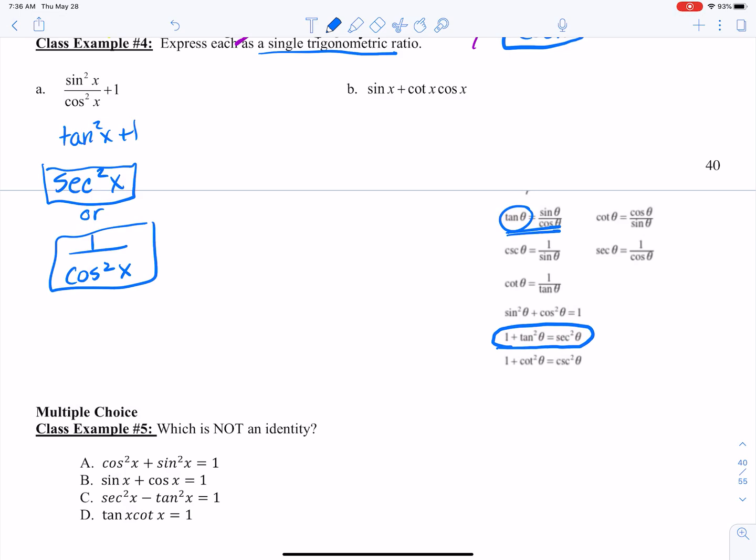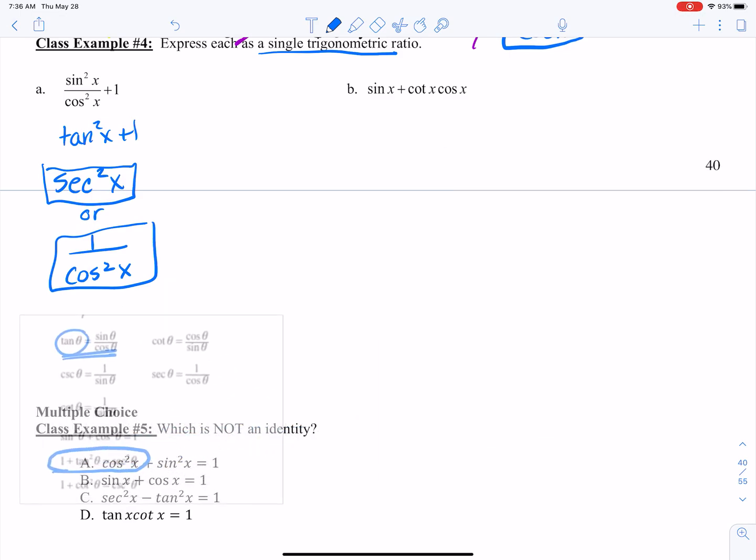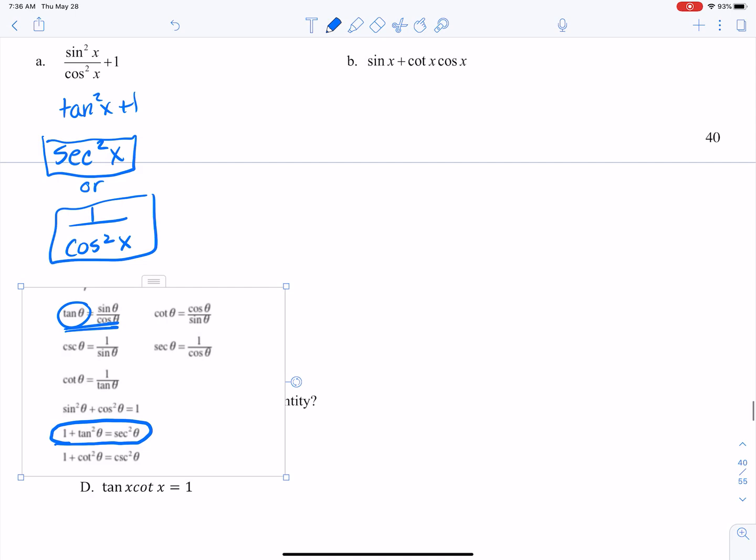Now let's take a look at this one. I have sine x plus cotan x times cos x. Well, the first thing I'm going to do, and this is often what we do when we go to proving identities. Right now we're just simplifying them, but eventually we're going to prove them. I'm going to get rid of any tan or cotan when it's surrounded by sine and cos.